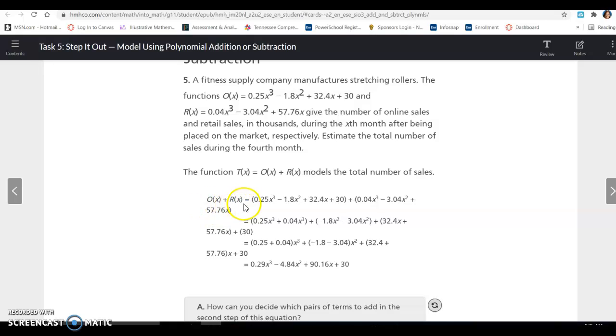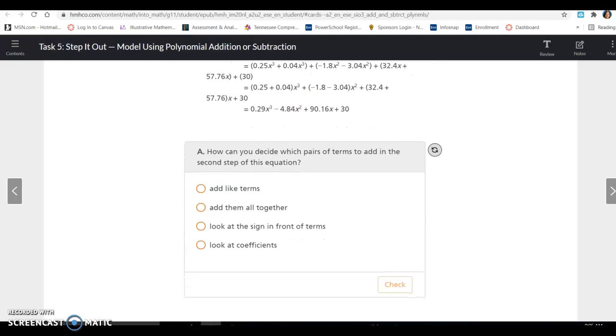So O plus R, they come down through here, and it looks like they're using the horizontal method. So what they do is rearrange, group the like terms, and then they use the distributive property to factor out the variables. And then the last thing they do is put it in standard form.